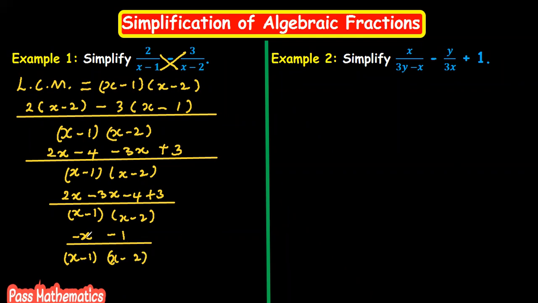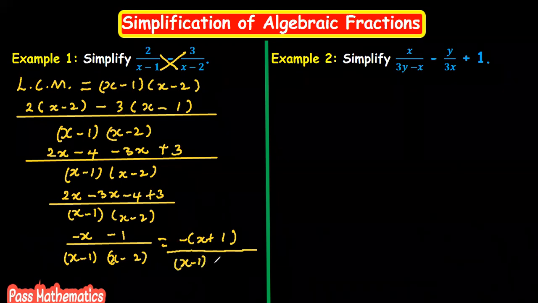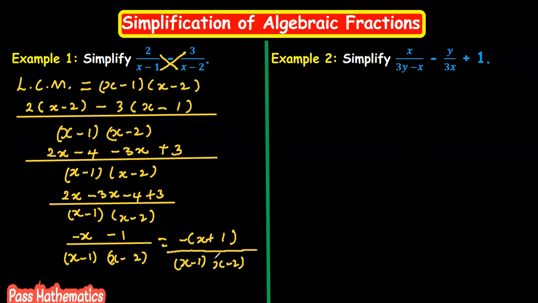So this can be written as minus in the brackets x plus 1, that is multiplying through by minus 1. We have this value, and then do not forget your denominator. And this is how to solve this type of problem. So we are done with this. Let's take the second example.